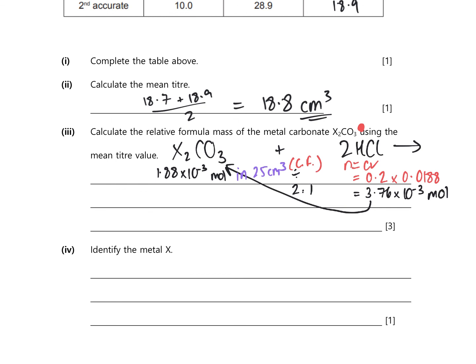So we need to work out the number of moles in 500 centimetres cubed. How do we scale that up from 25 to 500? Well, we times by 20. So we've taken a 20th of the portion out. And so therefore, that will give us 0.0376 moles in our 500 centimetres cubed sample, our whole solution.